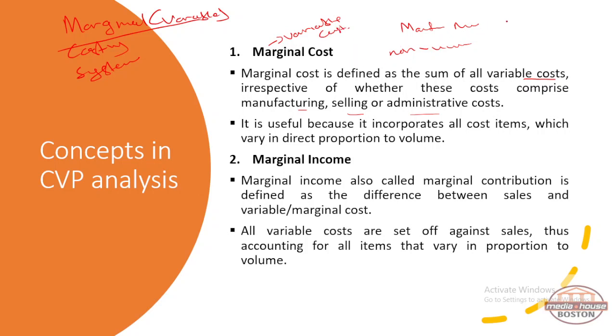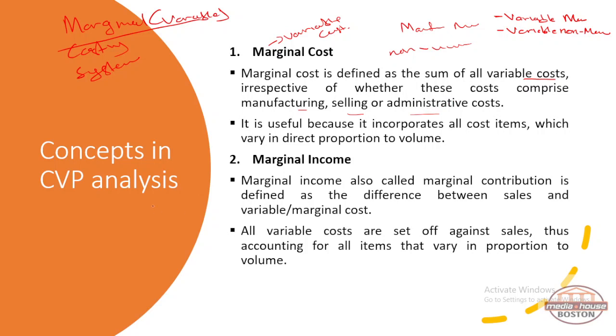So we're going to have variable manufacturing and variable non-manufacturing cost. You can have the two types, the ones related to manufacturing and the ones not related to manufacturing.